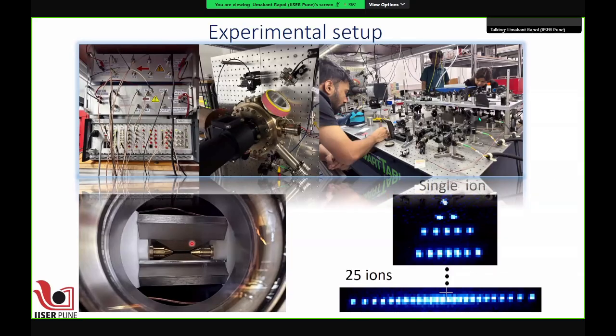And this is the trap. This circle is about 2.5 inch, and then you have the trap electrodes: these are the axial electrodes, these are the radial electrodes, and you have a linear chain that is formed here from where you image the ions.